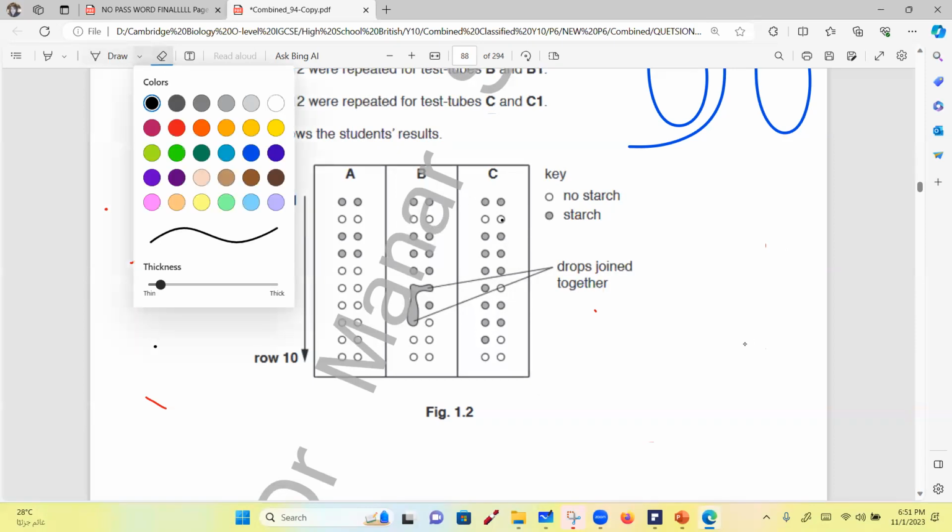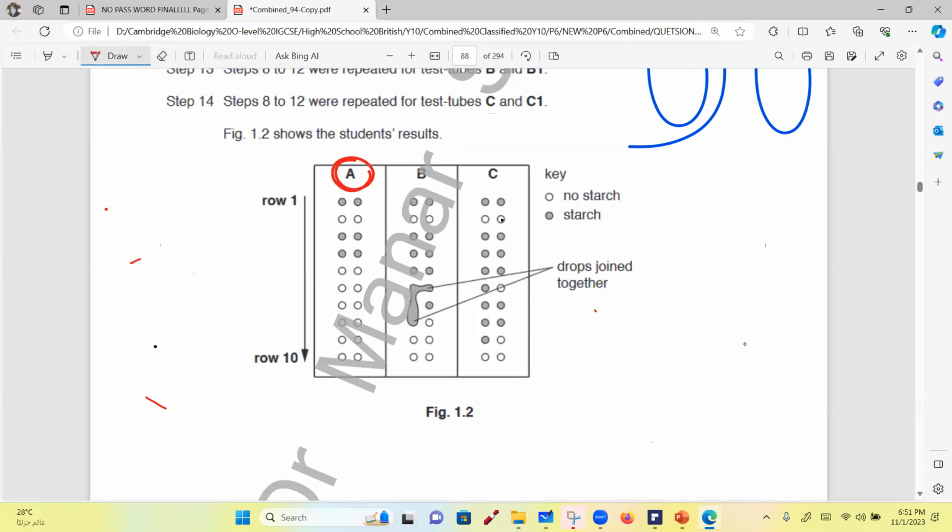That's it. So let's look at the time needed for the starch in A to be digested. I'm going to start from the 3rd row. The 3rd row, they said they mixed it and immediately took a drop. So this is time 0. So 1 minute, 2 minutes. Why did I stop here? Because the color here changed from blue-black to brown.